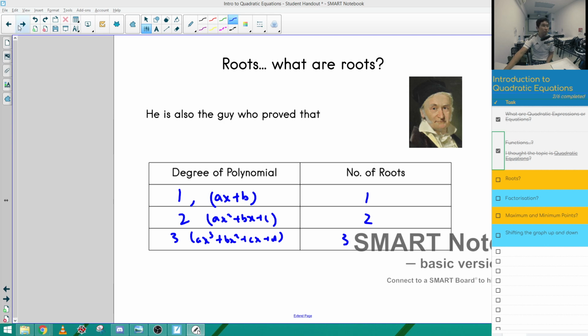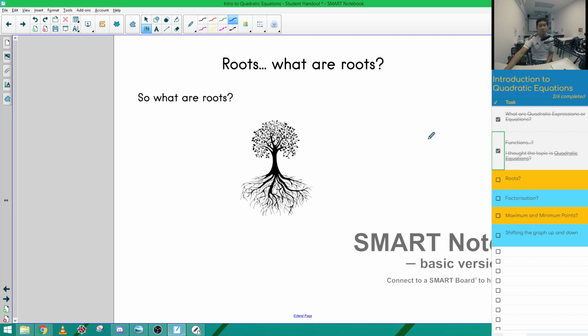What are roots? If you think about roots, you probably think about a tree with roots, and the roots are usually sunken into the ground and most of the time they do not move. So let me just draw the ground over here. Pretend this is the ground. Now in mathematics, we also have roots, and I want you to think of the ground as the x-axis.